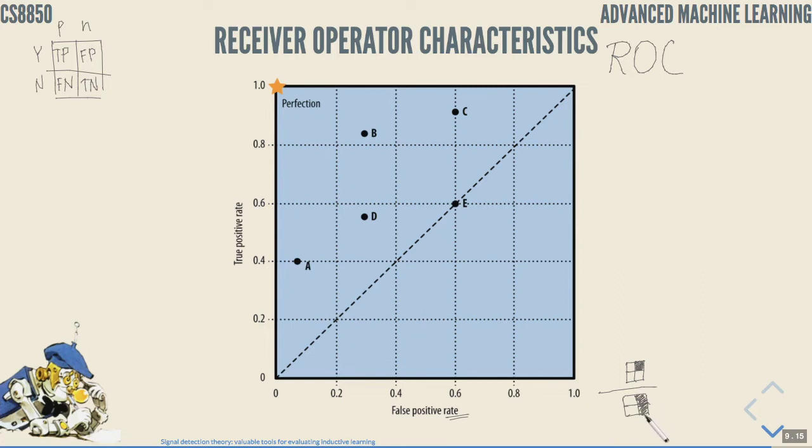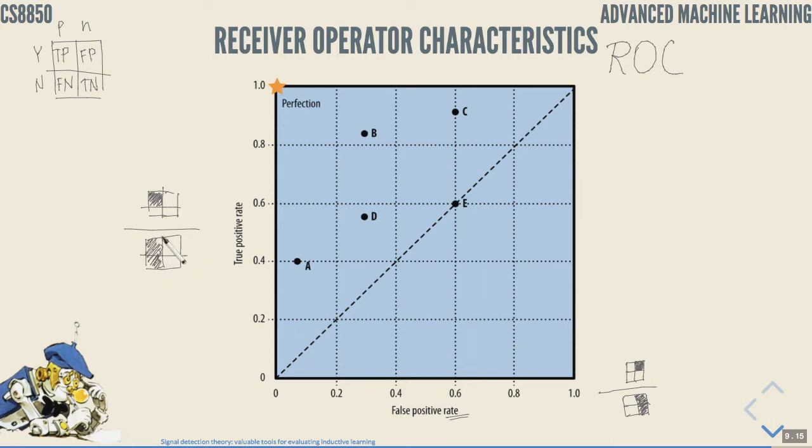The same for true positive rate is the number of predictions that are made as positive that were truly positive, and the ratio to all of the positive cases.